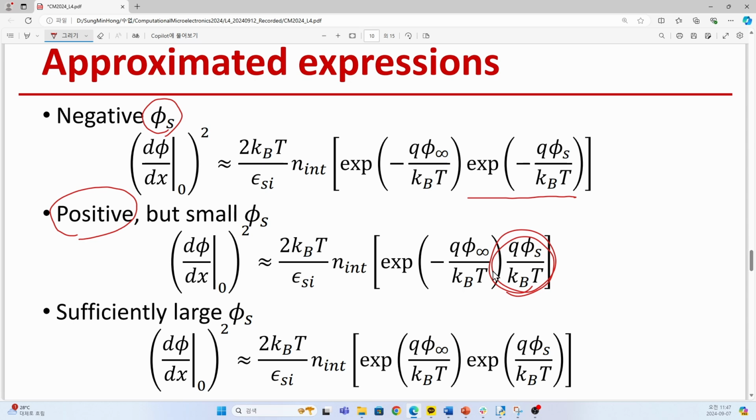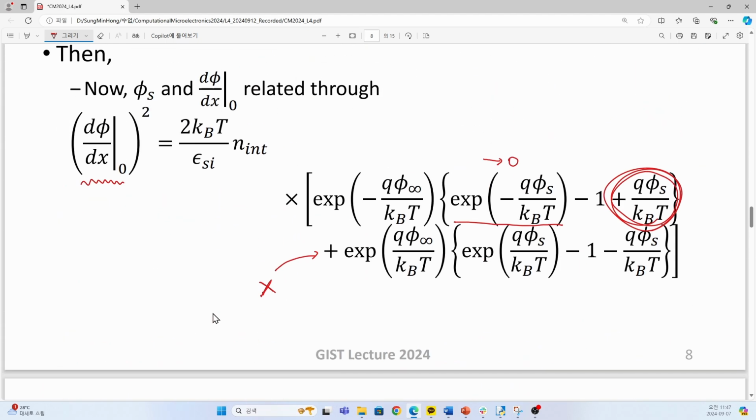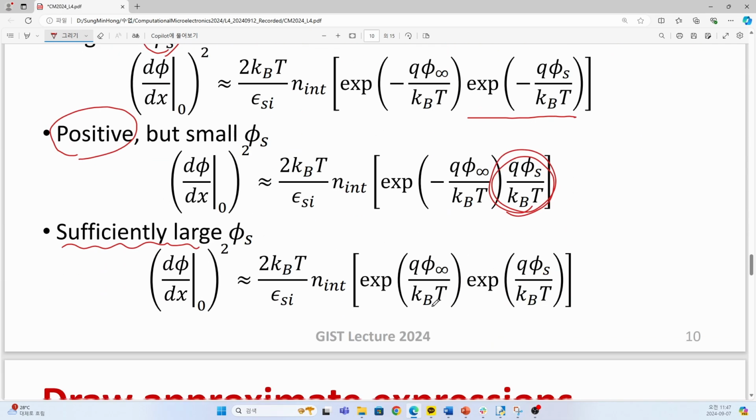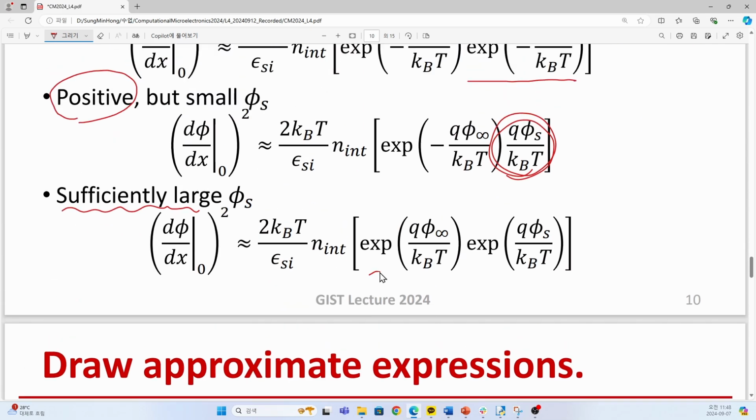And if we go to sufficiently large phi s, then you can see that this exponential term is really dominant. Although its leading coefficient is so small, if our phi s can overcome this phi infinity, then eventually this term will be the dominant term. So here you can see the expression for our sufficiently large surface potential.